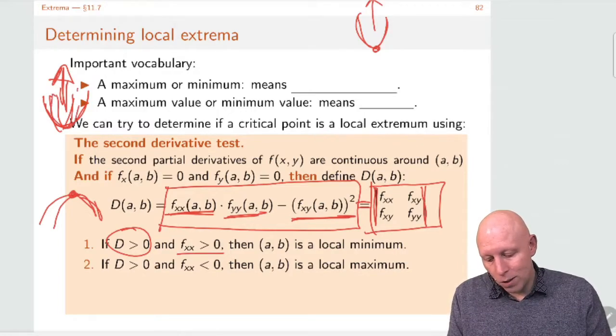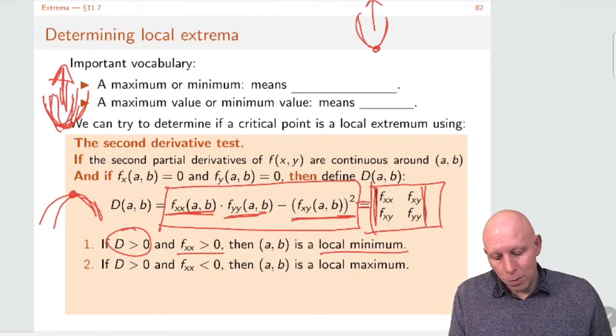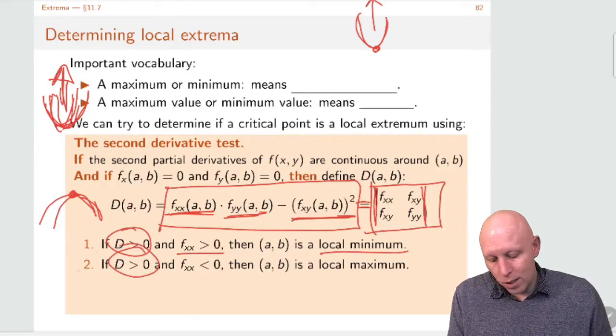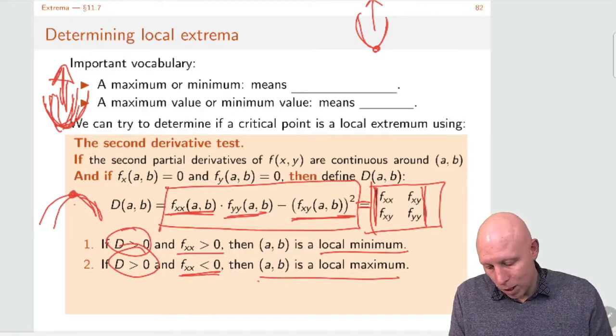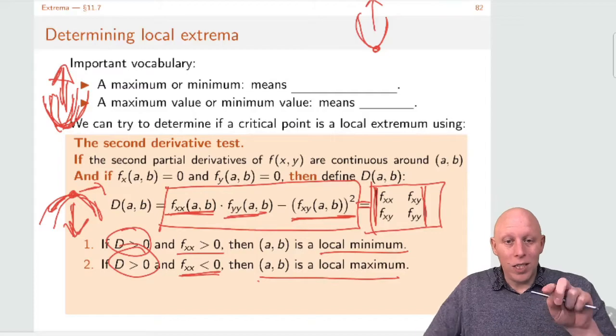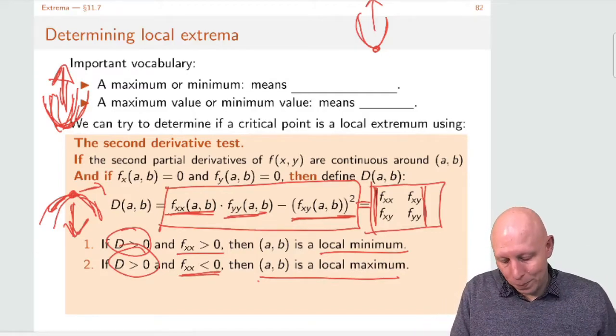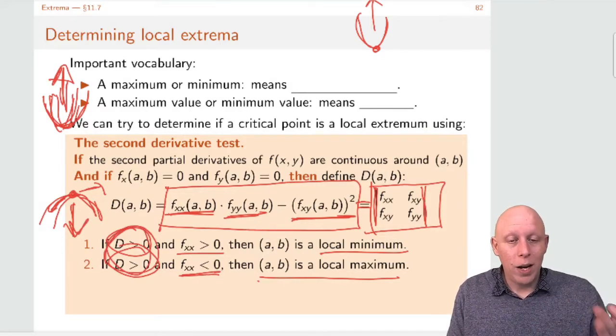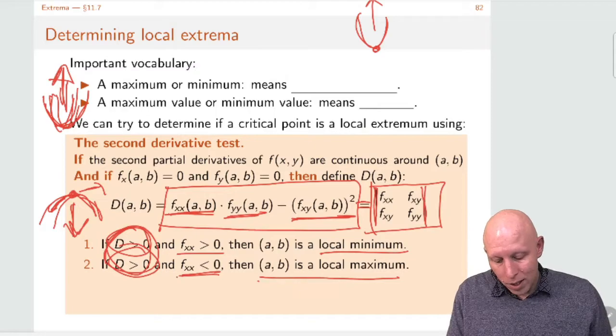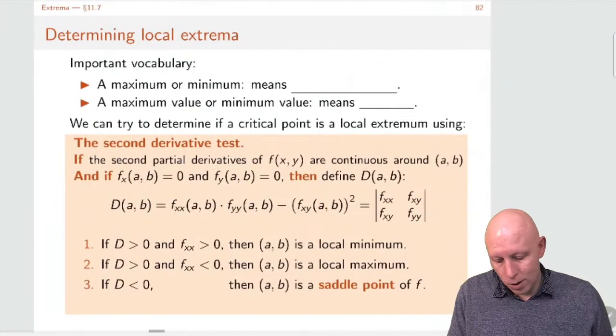If your second partial derivative is positive, you have a local minimum. On the other hand, if this discriminant is positive and f sub x x, the second partial derivative, is less than 0, then we have a local maximum, because now this is saying the slope is going down in the x direction. So when this discriminant is greater than 0, you have a local max or a local min.